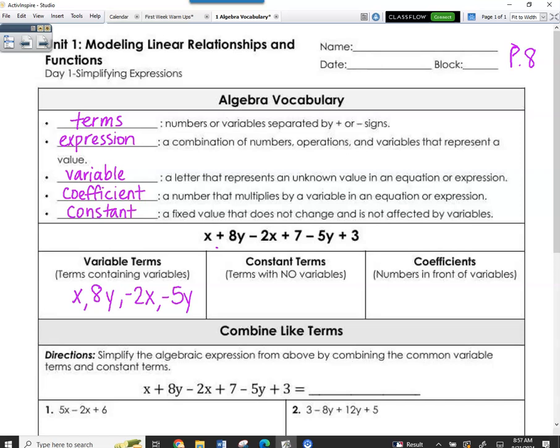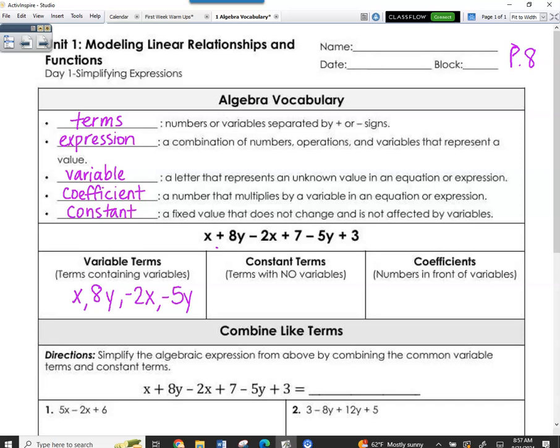They have the letter beside them. It's okay. This is why we're practicing it right now. So variable terms means the terms that have letters, and the number with it also comes along.